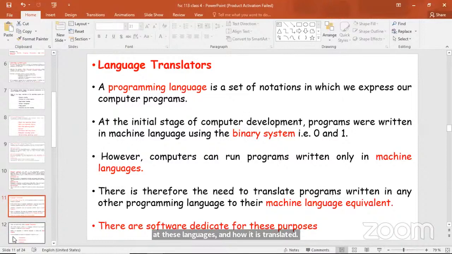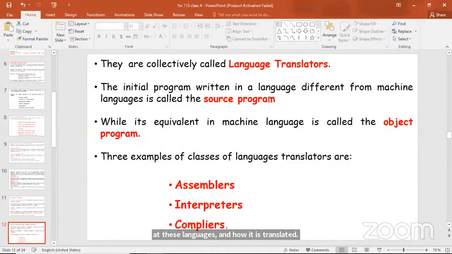Collectively, these software are called language translators. Now, the initial program written in a language different from machine language is called the source program. Irrespective of the way you write it, whether it is high-level language or low-level language, it is called the source, where it is coming from.